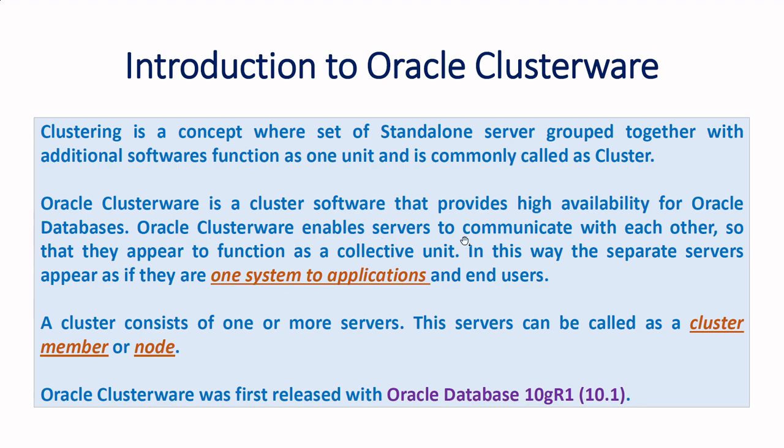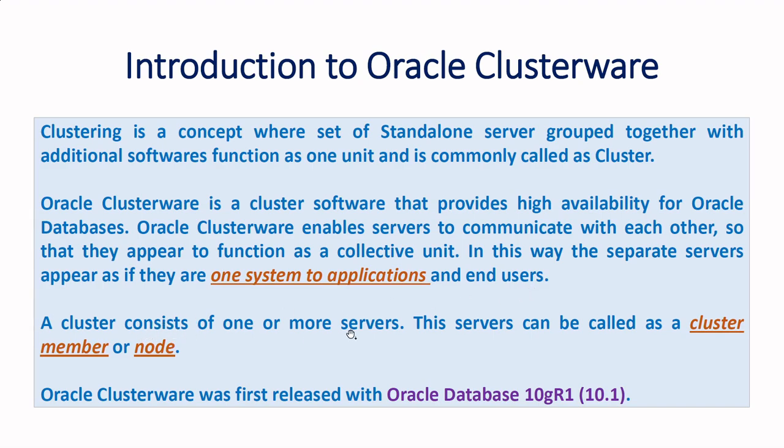Oracle Clusterware enables servers to communicate with each other. The servers which are part of the cluster communicate with each other so that they appear as a collective unit. In this way, the separate servers appear as if they are one system to the application and end user. From the end user's view, it looks like one application, but behind the scenes there are multiple servers which form the cluster.